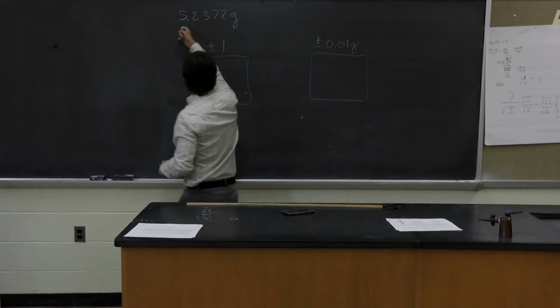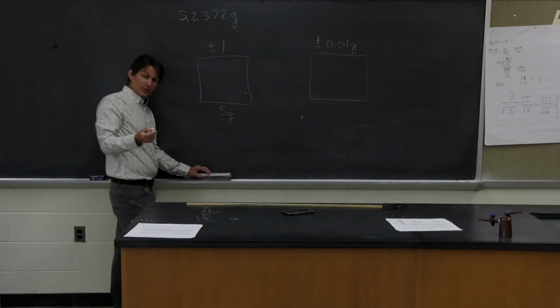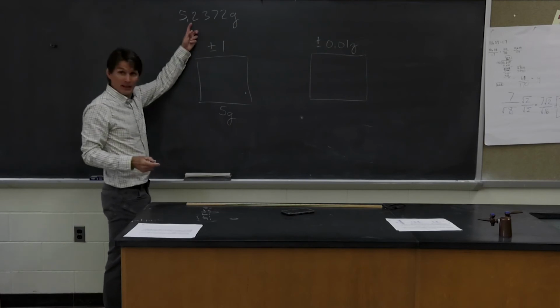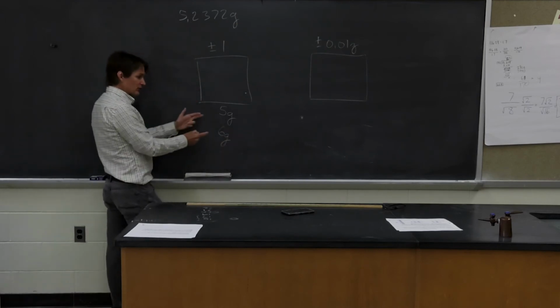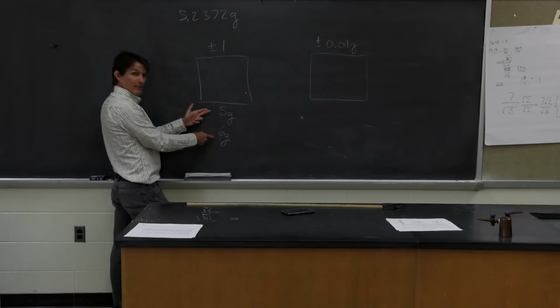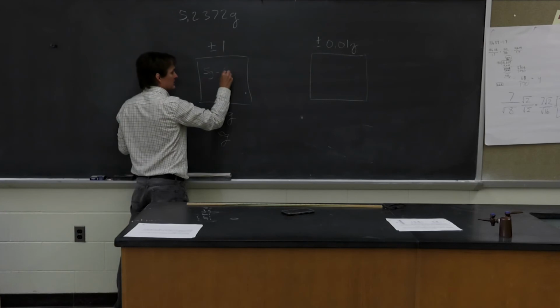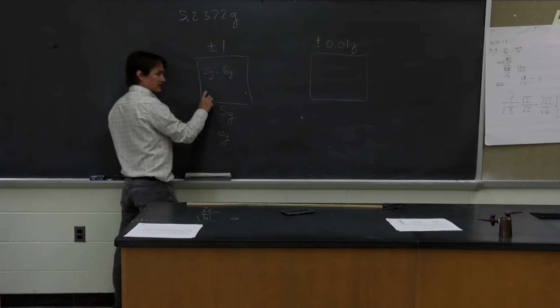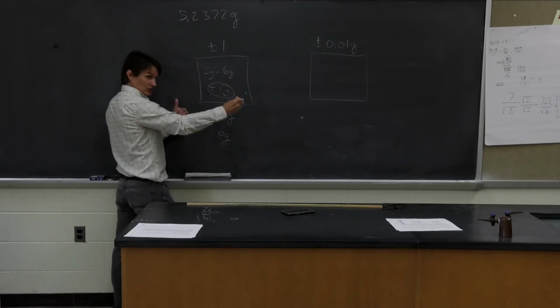So if I place this one on here, it's going to measure 5 grams, but it could measure 6, depending on how the balance is calibrated. And so I see a range over which my measurements might not agree to one another, somewhere between 5 grams and 6 grams. So that's a precision of plus or minus 1 gram, which is pretty large.